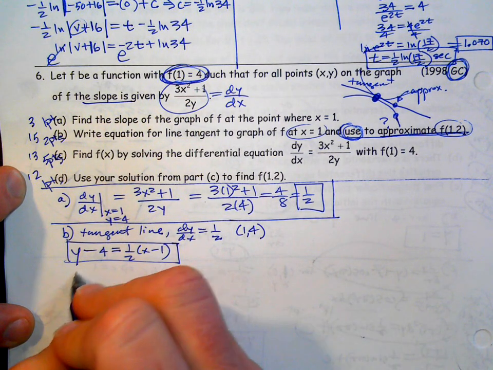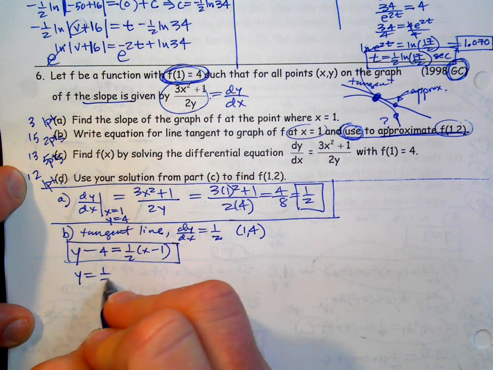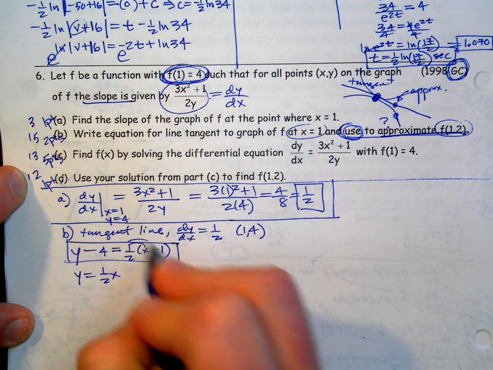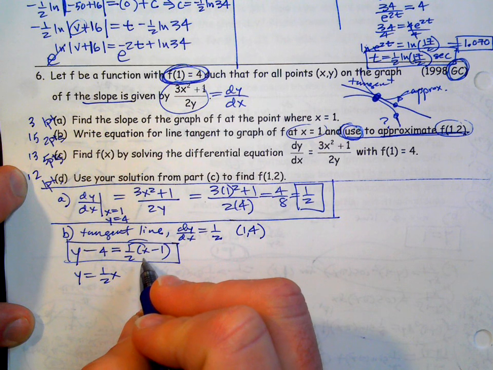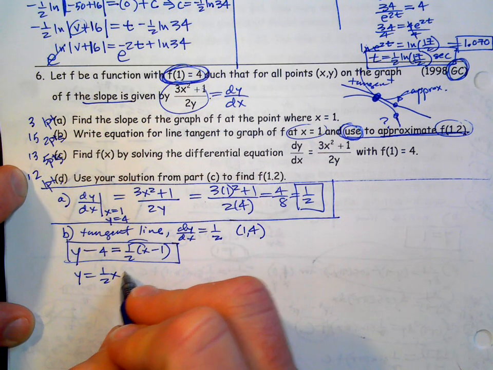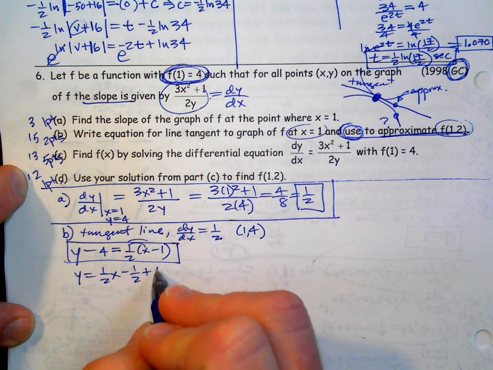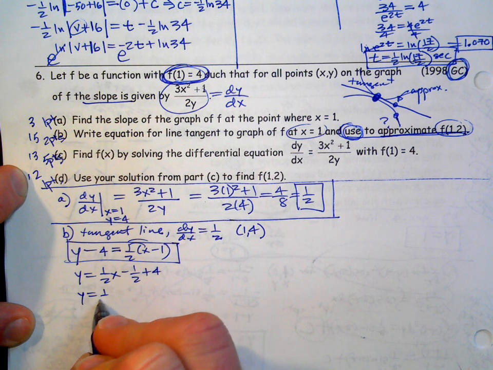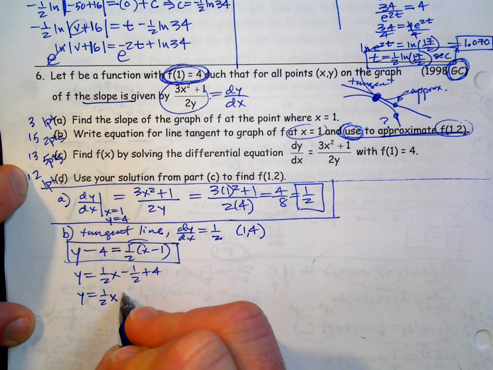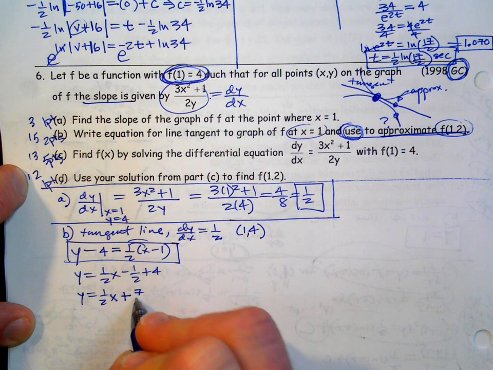So all we're going to do is plug x equals 1.2 into this equation to find the y value. So it might be helpful to go ahead and rewrite it in slope-intercept form. So we're going to get minus 1/2 plus 4. So y equals 1/2 x plus 3.5, or 7/2.